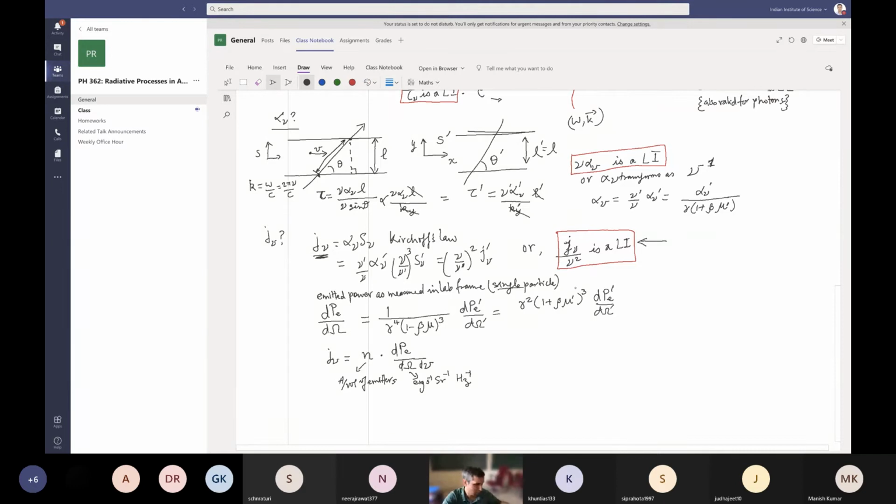So this actually just is a consequence of this equation that we motivated last time.